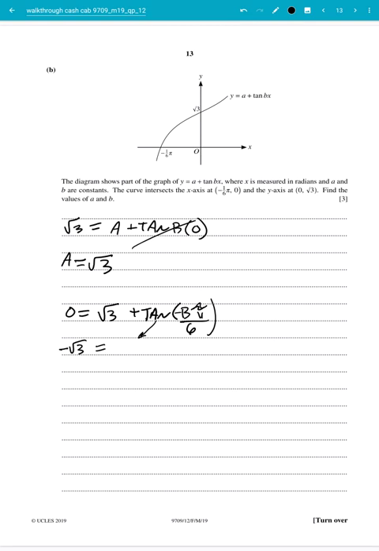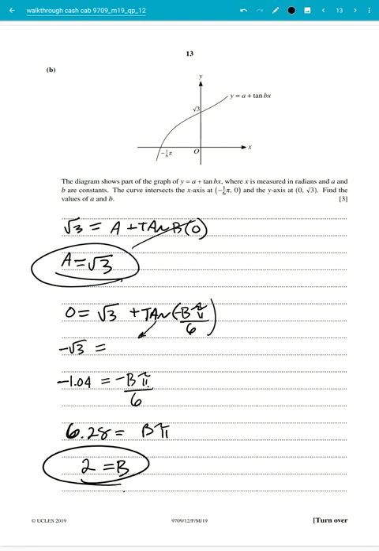So you get negative 1.04 equaling negative b pi over 6. Multiply both sides through by 6. Negative 6.28 equals negative b pi. Divide by pi, and suddenly things clear up. B is equal to 2. So there's B, and there's A.